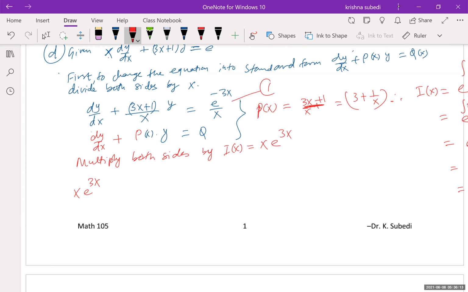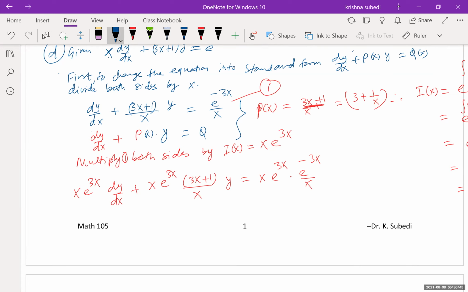Multiply equation 1 both sides by the integrating factor. So you're going to get x e to the 3x dy over dx plus x e to the 3x times (3x plus 1) over x times y equals x e to the 3x times e to the negative 3x over x.